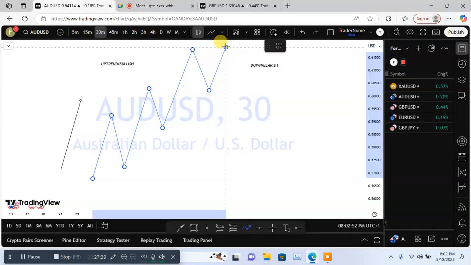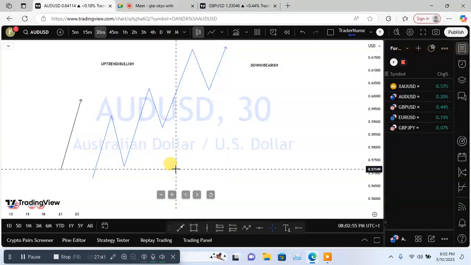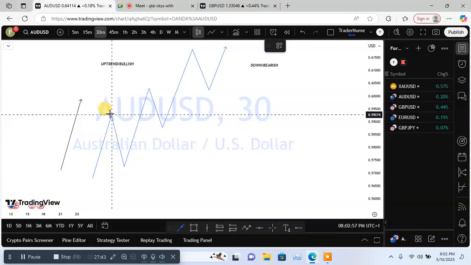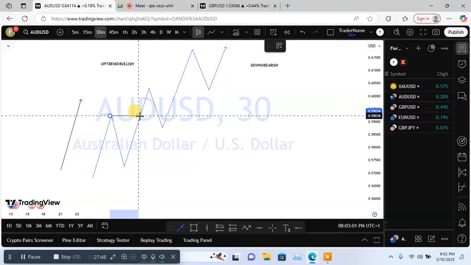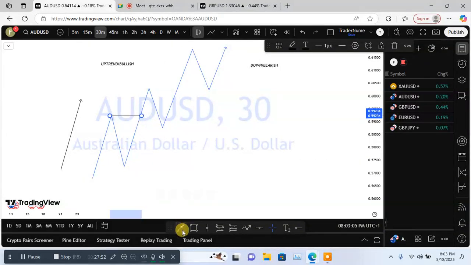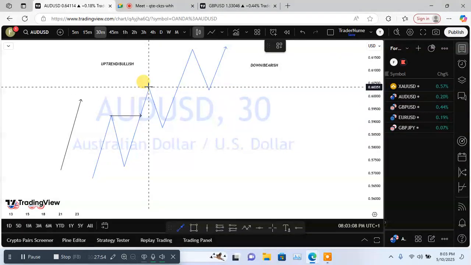Now this is a bullish trend, right? The market is going up and coming down, just like so. All these are breaks of structure to the upside, and so forth and so on.